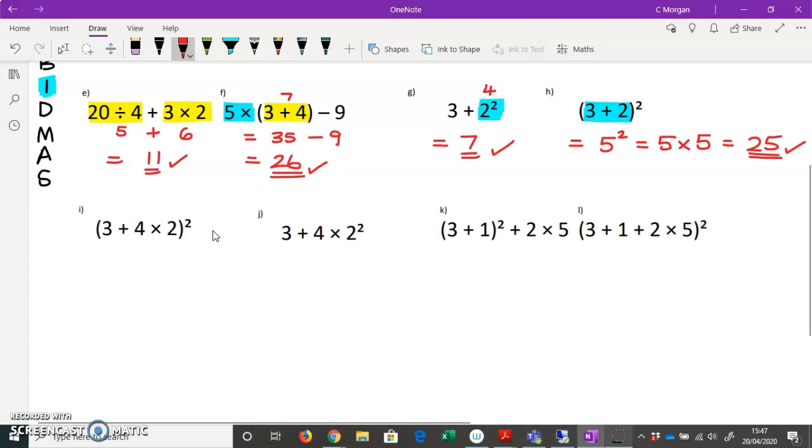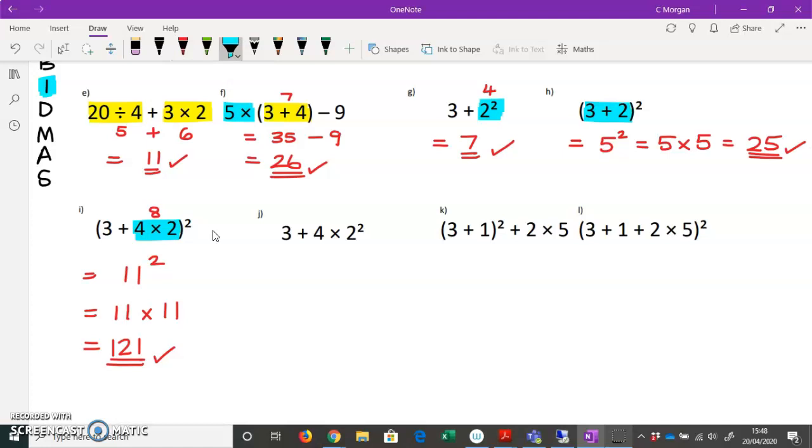Now with my next one, I've got to do the brackets first. But inside the brackets, I have to remember to multiply before I add or subtract. 4 multiplied by 2 is 8. 3 add 8 is 11. I've got to square 11, which means 11 times 11, which is 121.